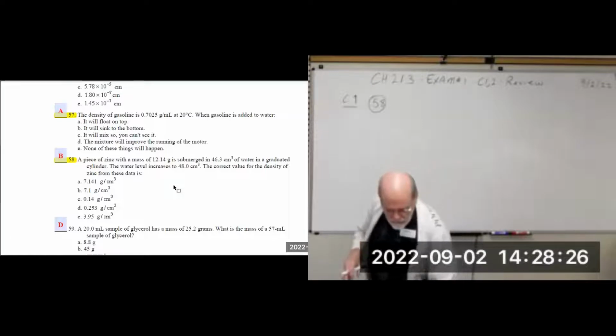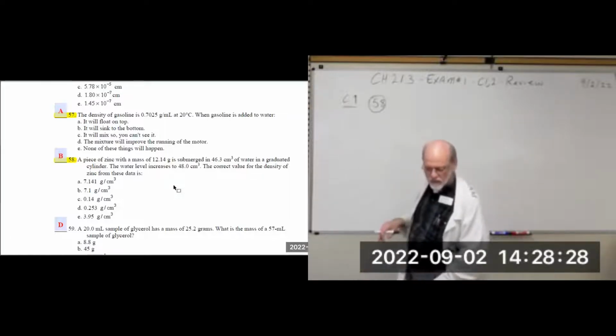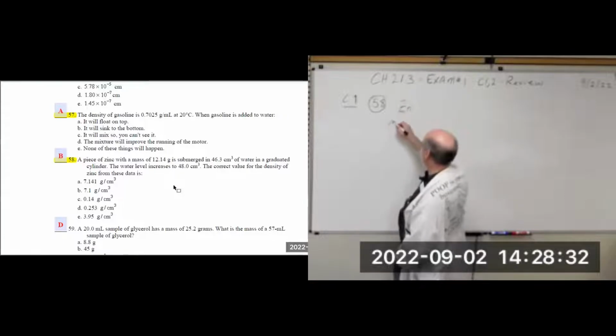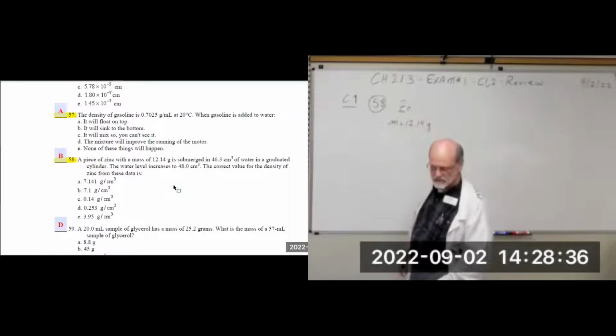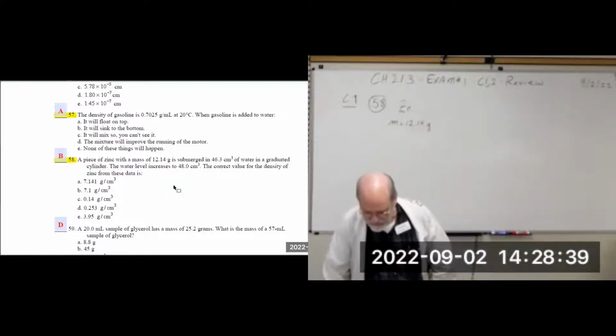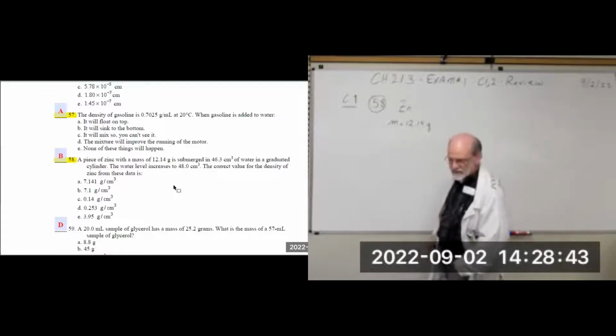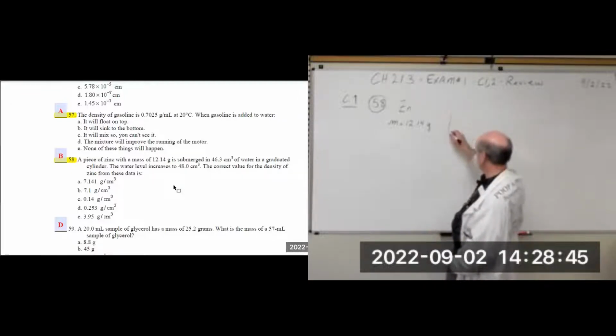Okay, 58. A piece of zinc with a mass of 12.14 grams. So we got zinc, and its mass is 12.14 grams. Is submerged in water that's 46.3 cubic centimeters. So it's probably a graduated cylinder.